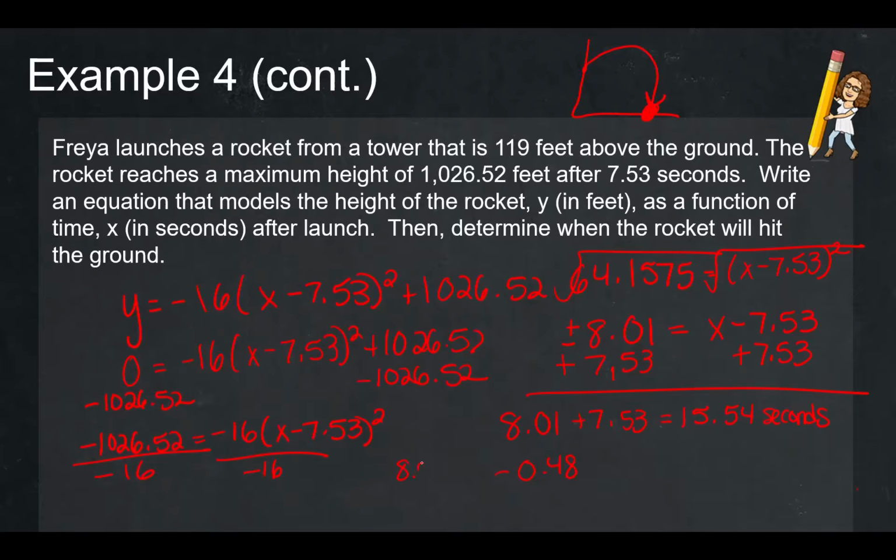That is negative seconds, which makes absolutely no sense, right? Because you can't have negative seconds. So we could just cross that out. So our answer, we hit the ground at 15.54 seconds after launch. And that is the end of our video.